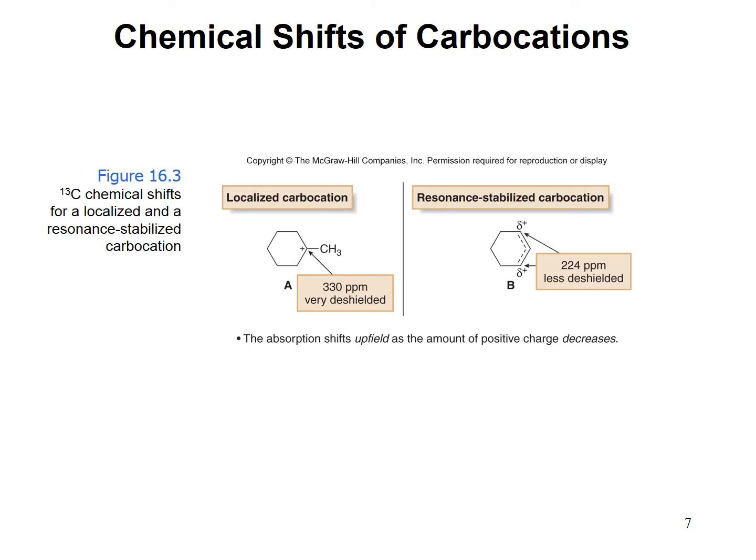So if we think about a carbon-13 NMR, this is actually a tertiary carbocation, and it is very deshielded. It shows up at 330 ppm, which is even further than we typically see on a carbon-13 NMR. Remember, we only go to about 220 ppm on the carbon-13.